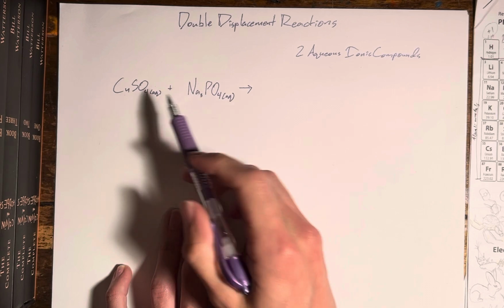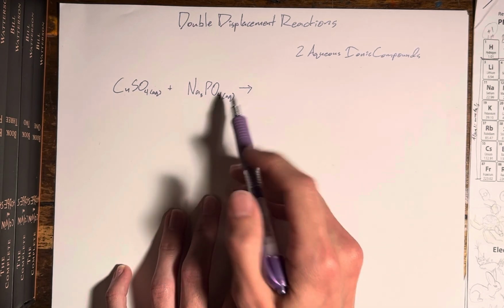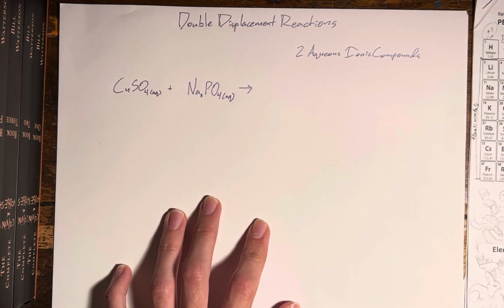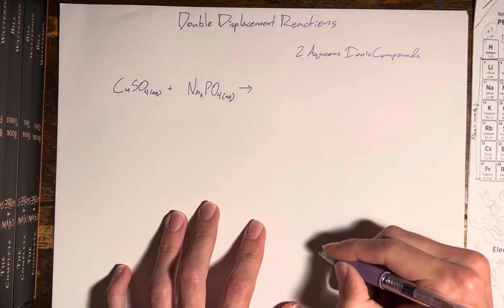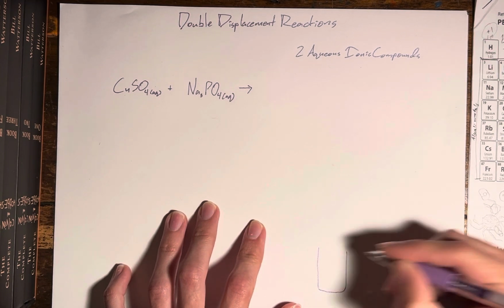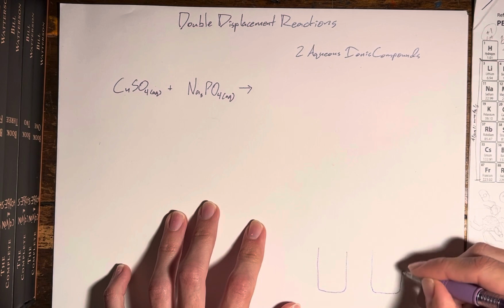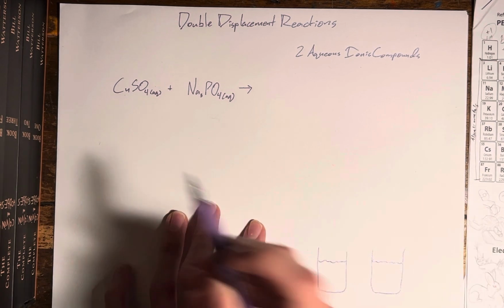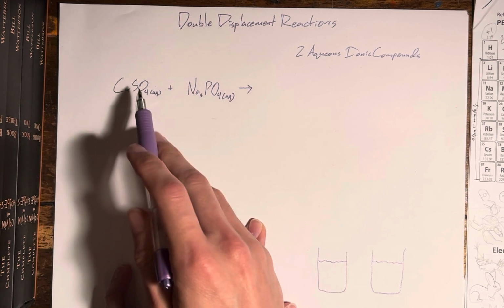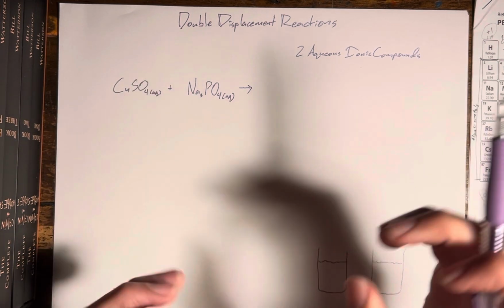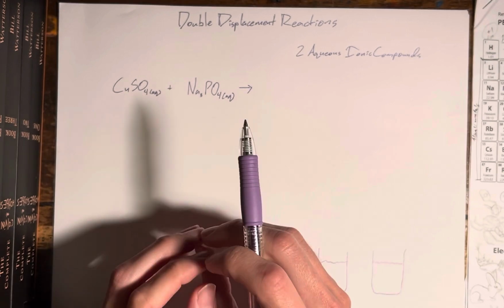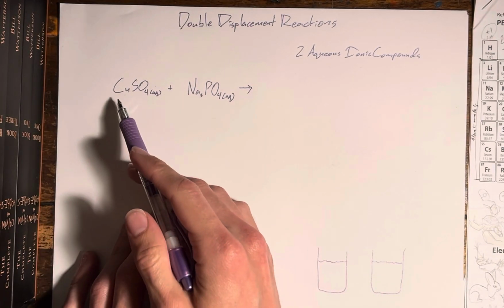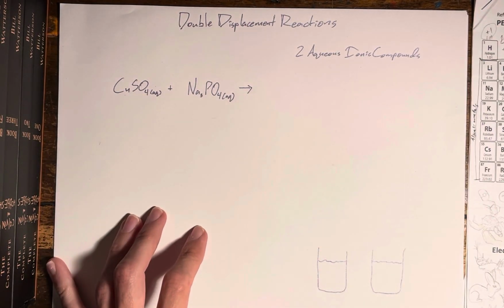Aqueous is displayed right here with the AQ. And what that means is that these compounds are dissociated in water. So we have two beakers, each with water. And by themselves, these compounds are bonded by their opposite charges. But when you put them in water, they dissociate into their individual ions.